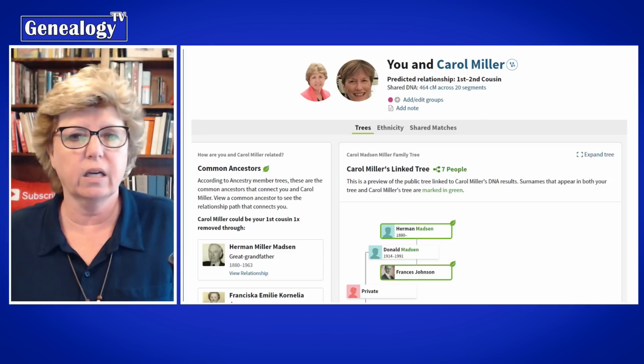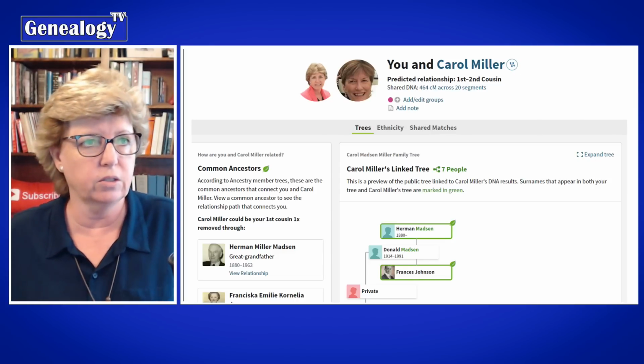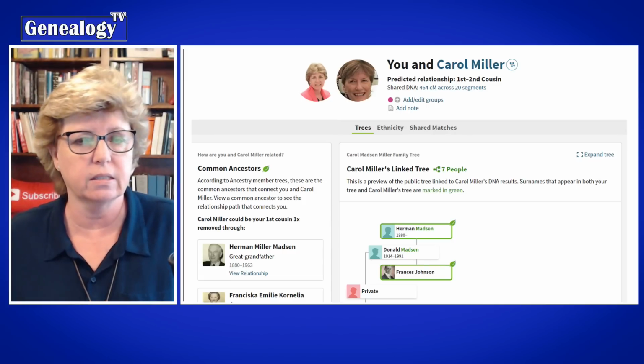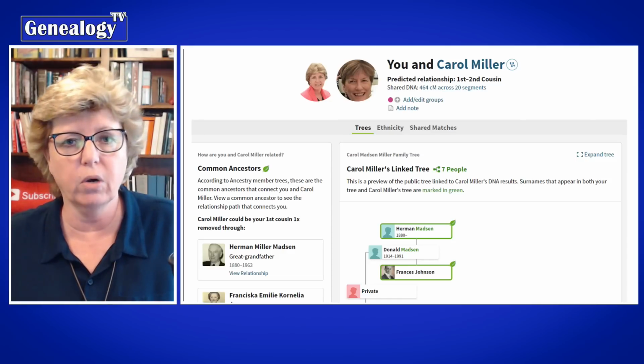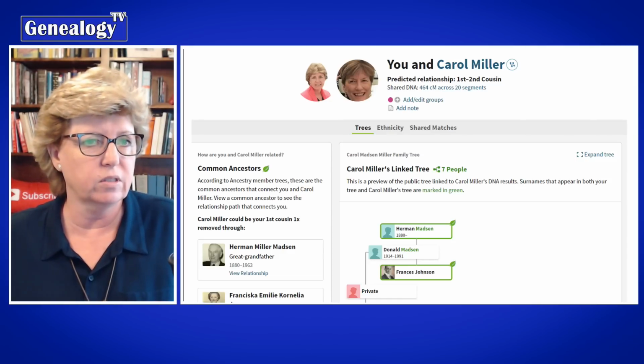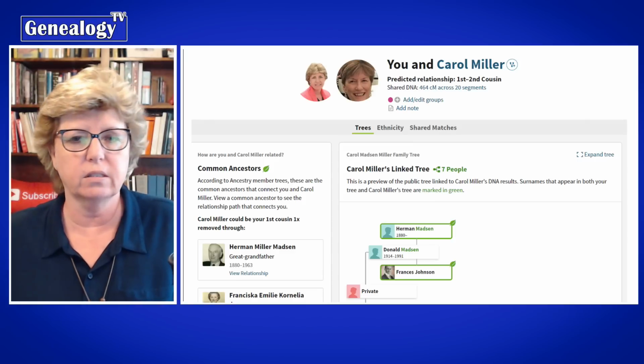And so when I click on Carol from the list of cousin matches, the screen comes up and it looks like this. And it shows us that we are 464 centimorgans apart, and it gives us some more information. It shows us that Herman Miller Madsen is the common ancestor along with his wife Frances.